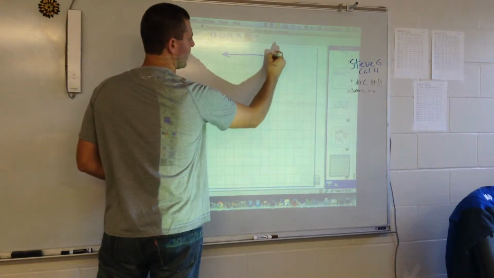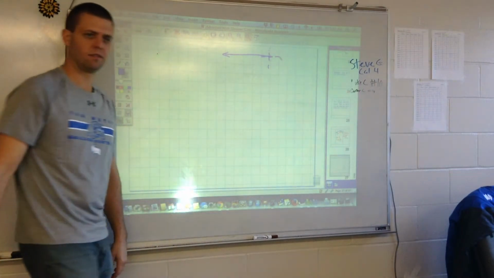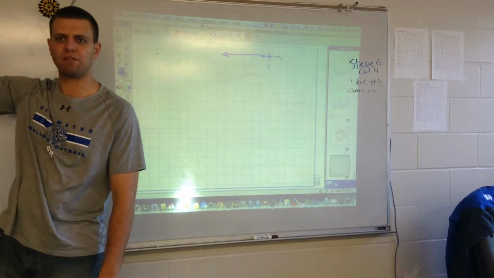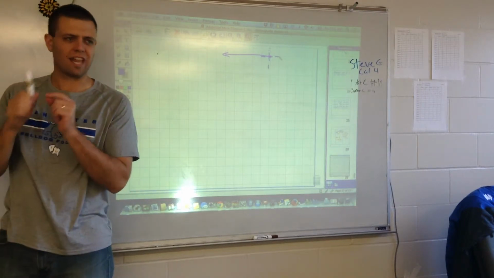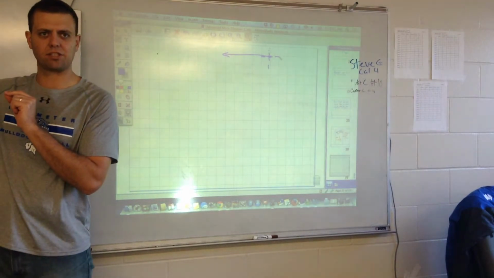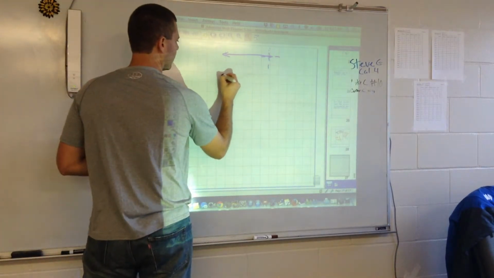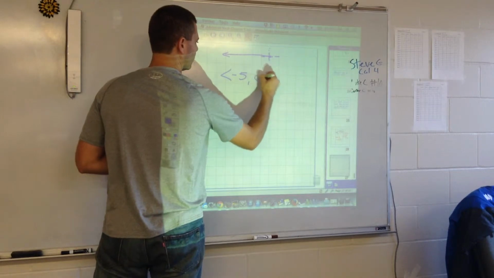Because if this is my x and y axis right here, and I have a vector going straight that direction, 5 units, I would say that vector goes negative 5 in the x direction and 0 in the y direction. So that vector would be negative 5 comma 0.